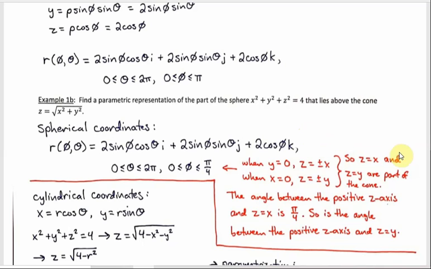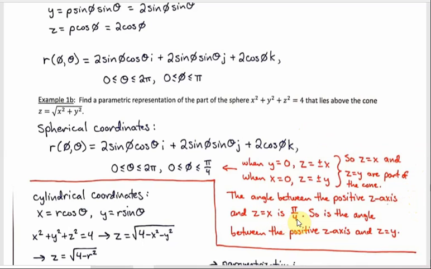But then specifically, if you just think about these, like z equals x or z equals y, the angle between either of those and the positive z-axis is pi over 4. That would also be true for z equals negative x and z equals negative y, by the way. But just for any one of them, so I picked this out.